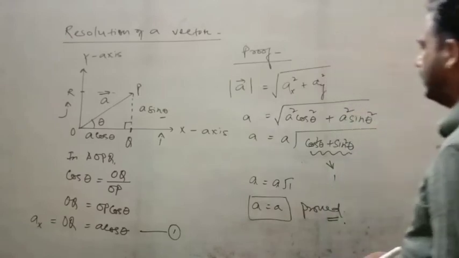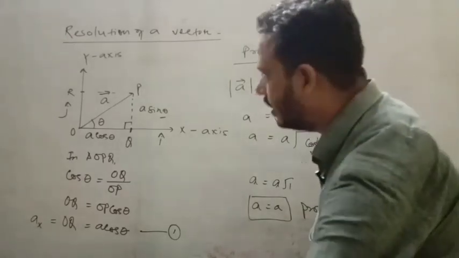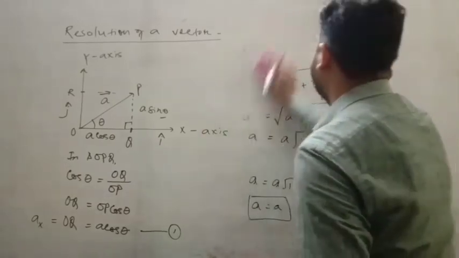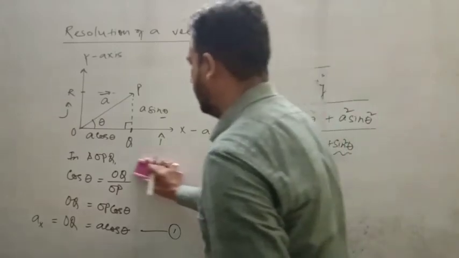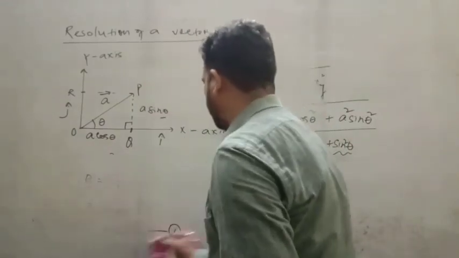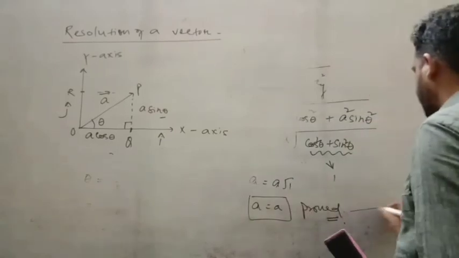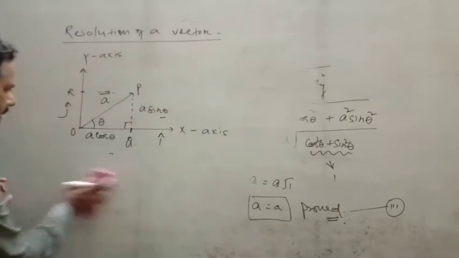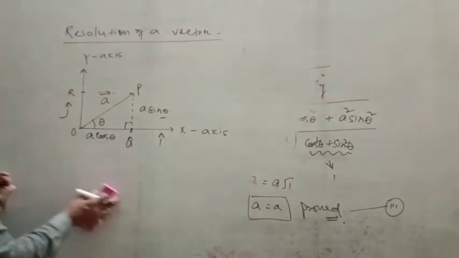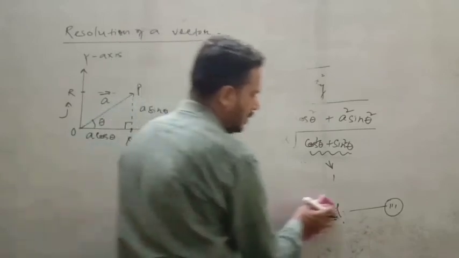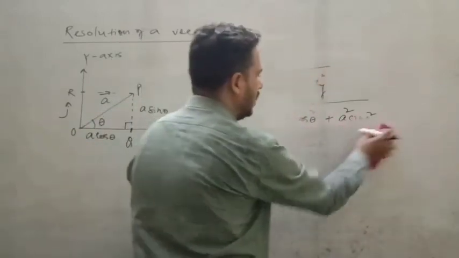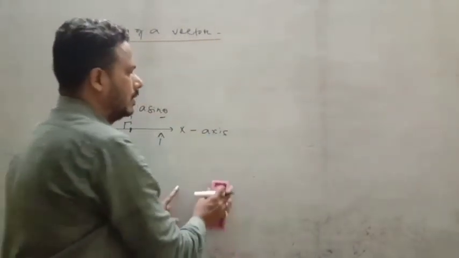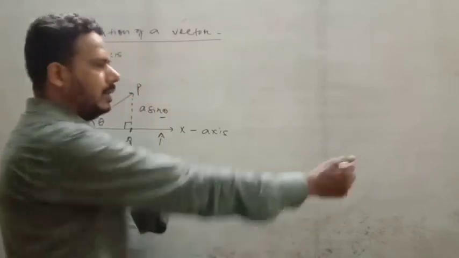Now from the same equation, one case be there, case 1. Suppose this one is your next equation. Okay. Now from case 1 and case 2, you can also represent this.